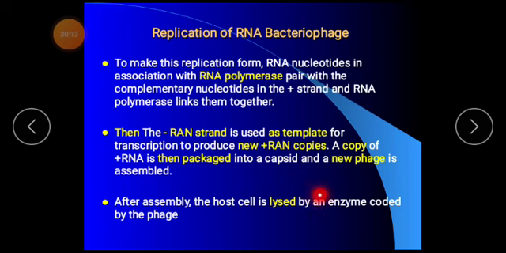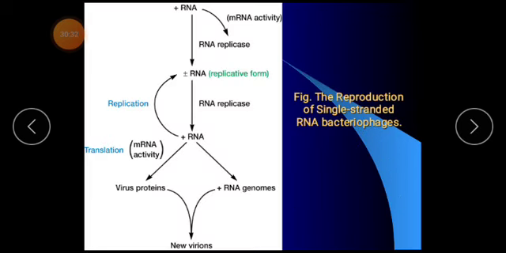After assembly, the host cell is lysed by an enzyme produced by the phage. So if the complete stage of RNA replication is already done, there is lysis of the host cell in order to release those phages. So this is the process of reproduction of single-stranded RNA bacteriophage.